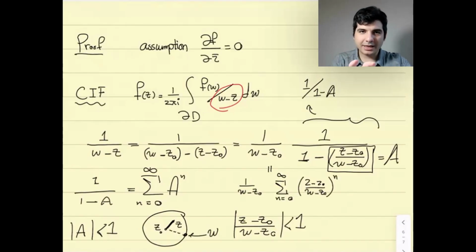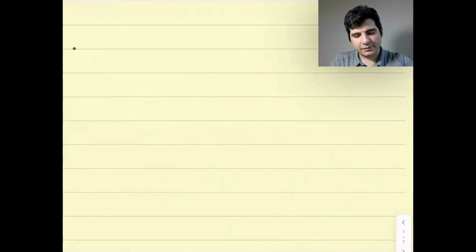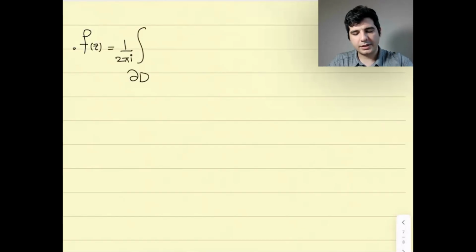Now, let's take this back and substitute it into the integral, right? Substitute this new thing inside that. From this, we get f of z is equal to 1 over 2 pi i, integral over the boundary of the disk, f of w times 1 over w minus z.